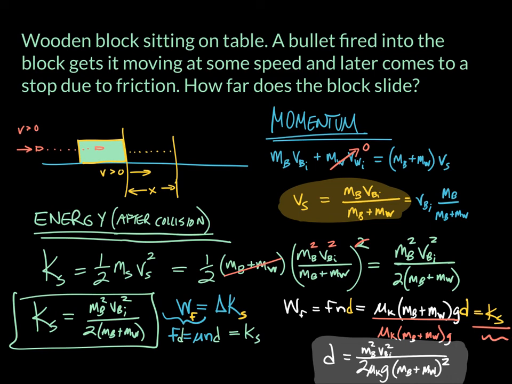So ultimately, energy in the universe is conserved. But friction forces are what we call non-conservative forces because friction will dissipate energy out of a system like the bullet block system to the surroundings.